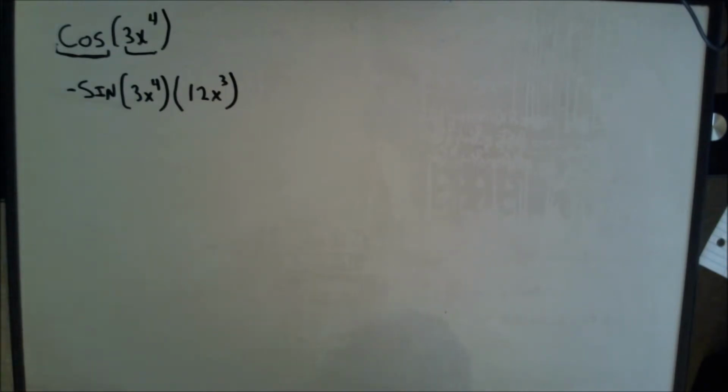Not too bad. Why don't we try another example, maybe one a little bit more challenging. I'll write down sine of x squared plus 3. Well, how do I approach this? The first thing I want to do is say, what's the derivative of sine? And that's all I'm worried about. Cosine. And then I'm going to write the same thing that the sine had, x squared plus 3.